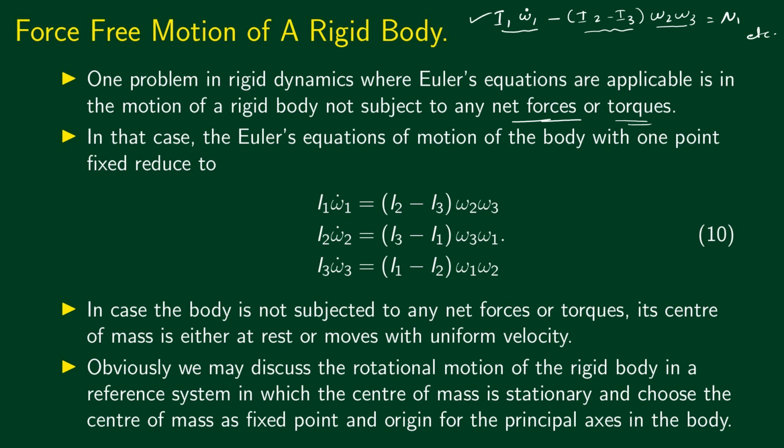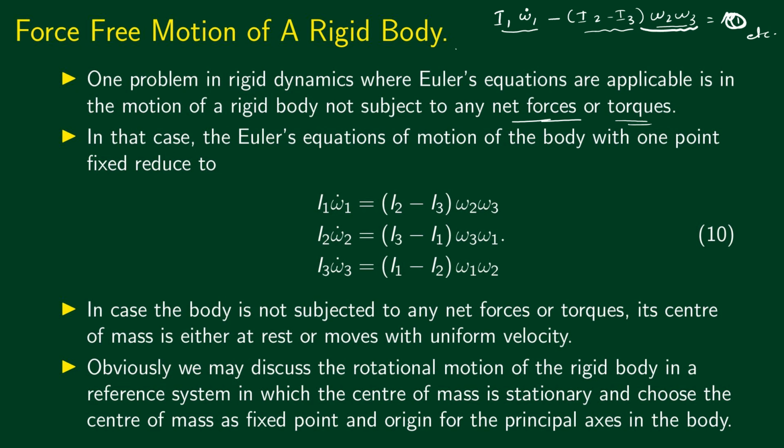Now, if the external torques are 0, we can set N1 equal to N2 equal to N3 equal to 0. The components of the torque are all 0, so the right hand side becomes 0. The first Euler's equation becomes I1 omega 1 dot minus (I2 minus I3) omega 2 omega 3 equal to 0.